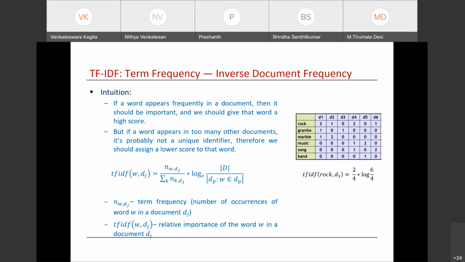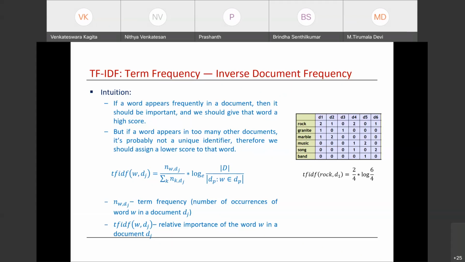If a word is frequently appearing in the document, you have to assign a high score, and that is what we call term frequency. If a word is appearing in more number of documents, then we should reduce the importance of that word. That we call inverse document frequency.